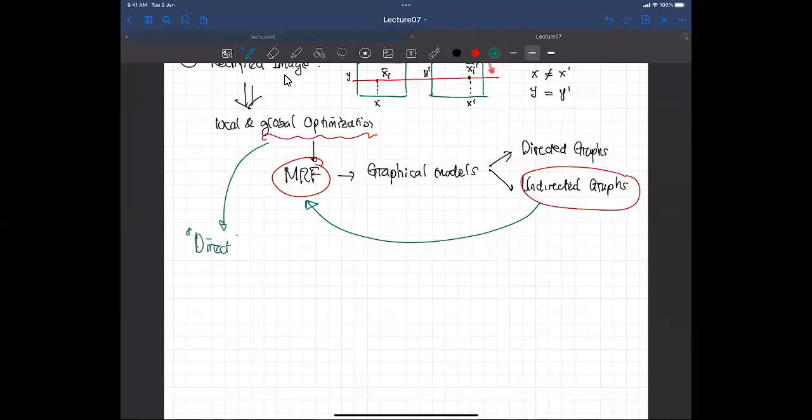I call it direct global optimization, this is my own term, or naive global optimization, if we can say naive here. Naive global optimization is that we connect every pixel with other pixels. So every pixel is connected. So this is called naive global optimization.